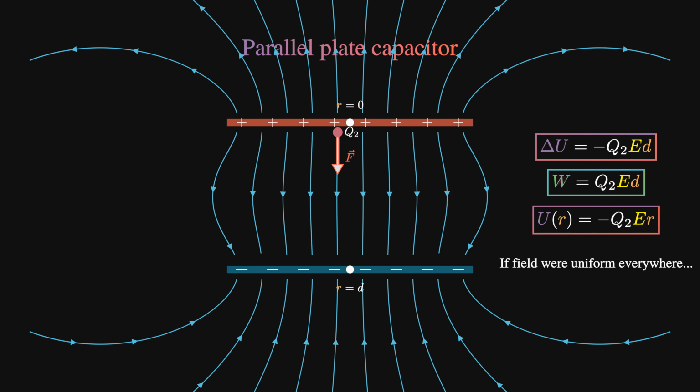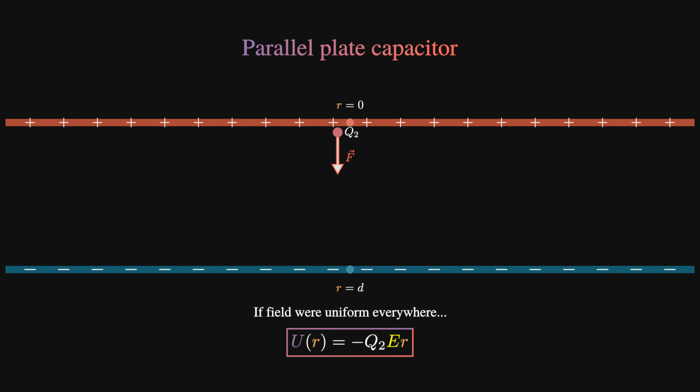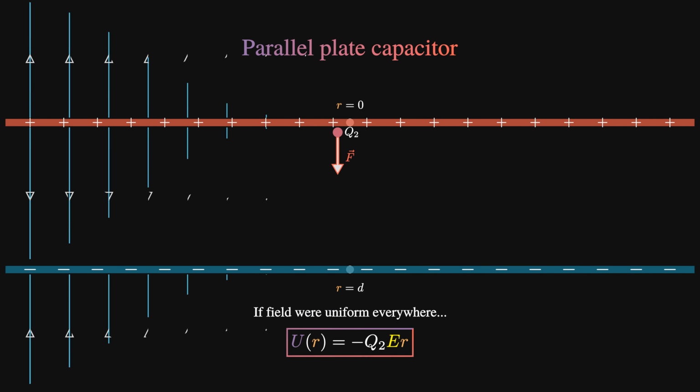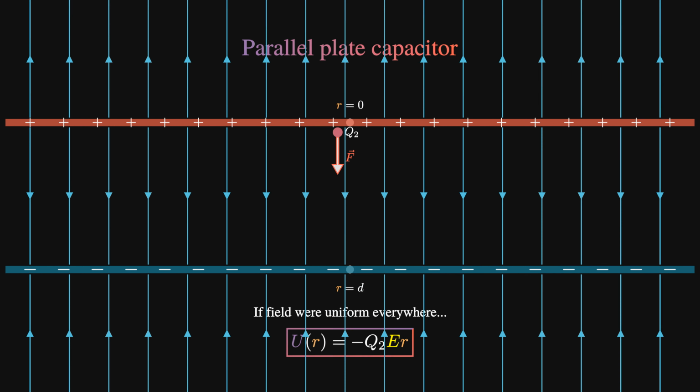Now, if we were to assume that the field follows this equation everywhere, even outside the plates, and we try to find the potential energy from infinity to a point r final, we would find the energy to be infinity, which is obviously wrong. This is simply because our equation for the field is inaccurate besides the region between the plates. It's quite neat how the mathematics automatically lets us know about this.